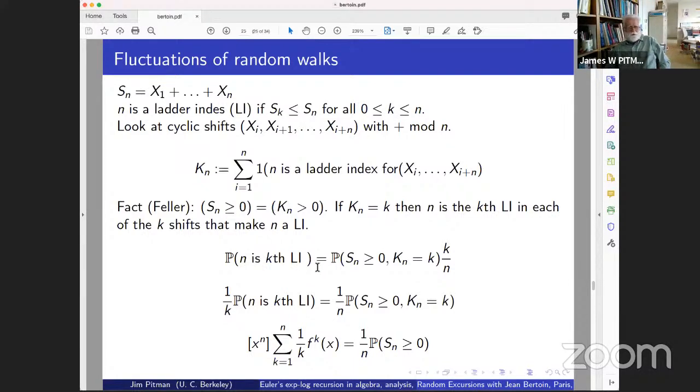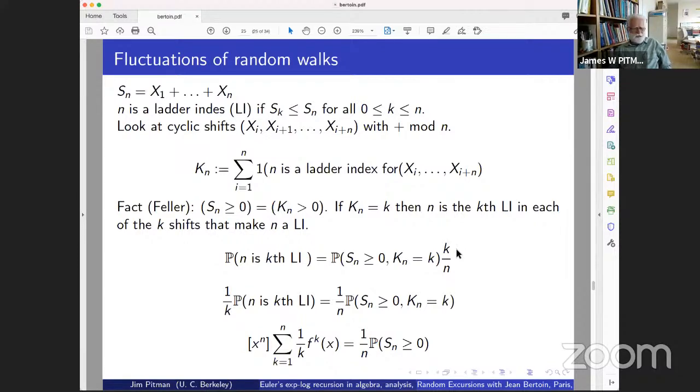So that enables you to write down that the probability that n is a kth ladder index, you basically do it by conditioning on this variable Kn. It is the probability that the final value is non-negative and you have k cyclic shifts. And then given that you have k cyclic shifts, essentially one of those is picked at random to be the real shift. And so there's this magic factor of k over n, which comes from the cyclic exchangeability argument.